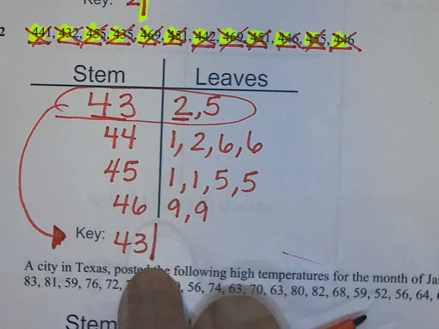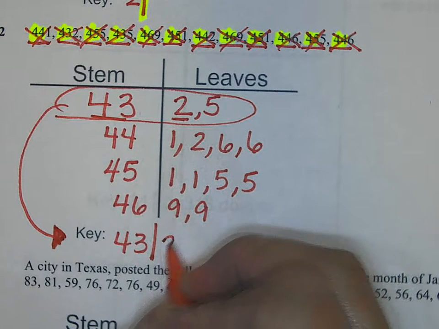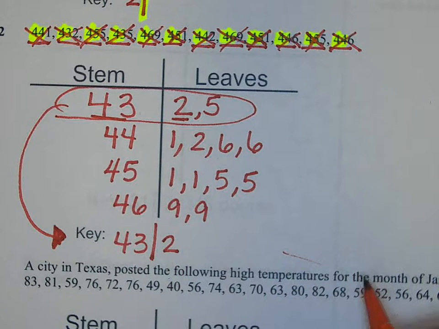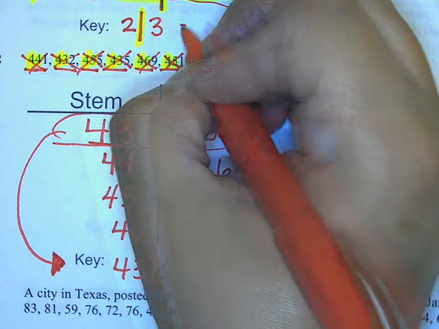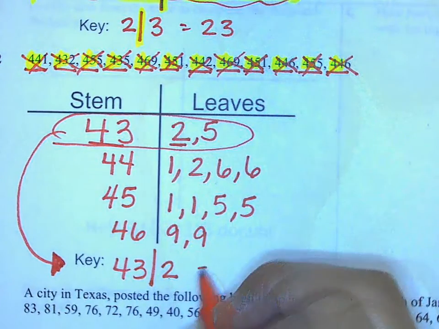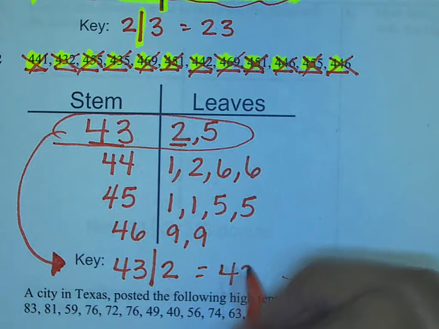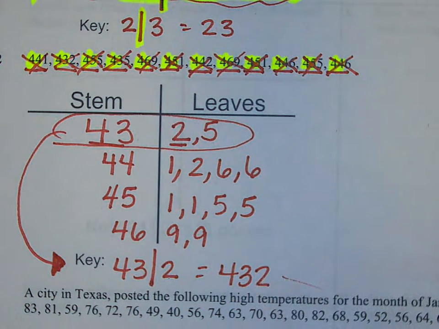So 43 with your line, and what's your first number? 2. I did forget to do it on the other one, I apologize. Coming up here, it was a 2 with a 3 equals 23. Here, 43 with a 2 equals 432.